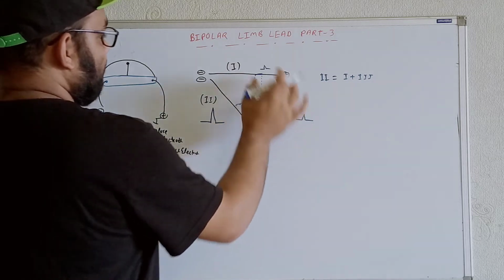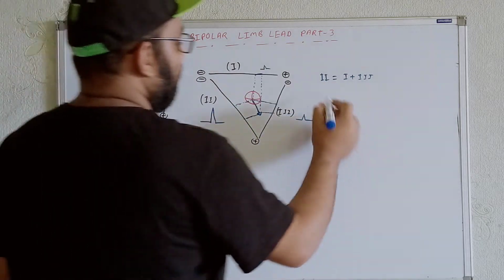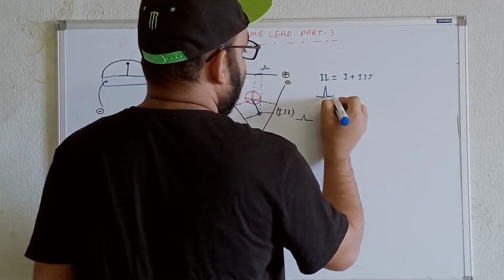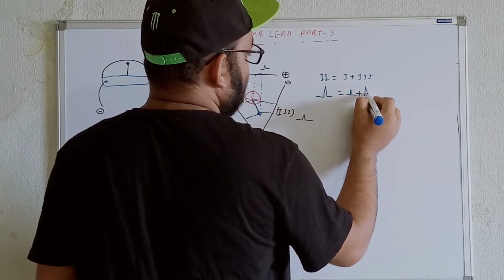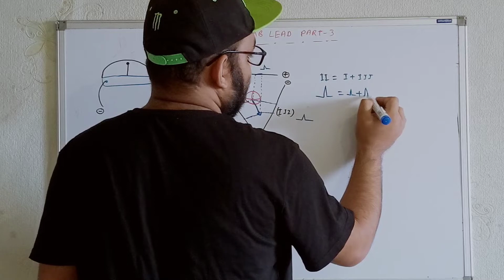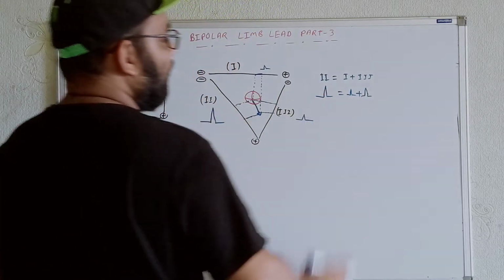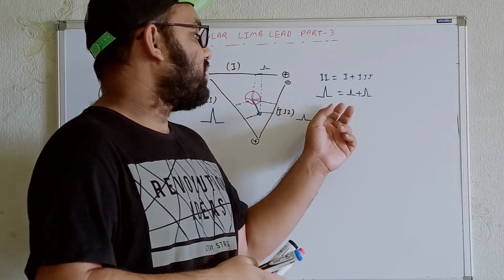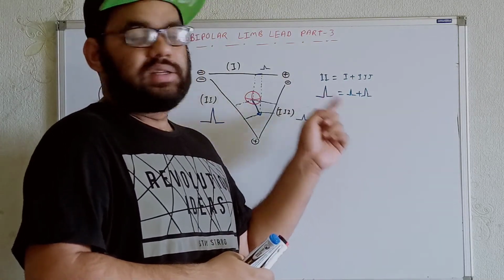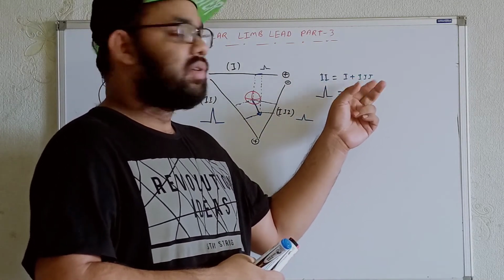Now if you add these, you can get it like this: 1 is small, plus 3 is also small fluctuations. If we add, the potential difference in lead number 2 will be the addition of lead number 1 plus lead number 3.